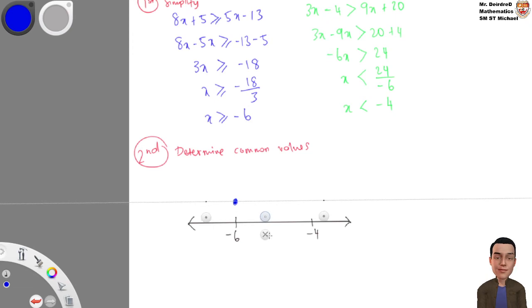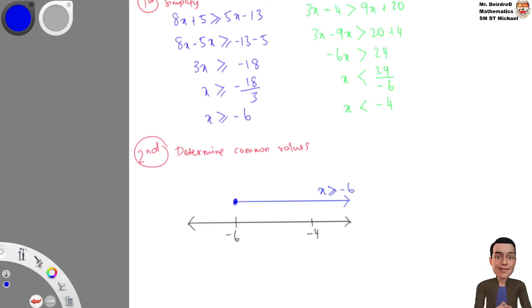It is going to the right because x is greater than or equal to negative 6.